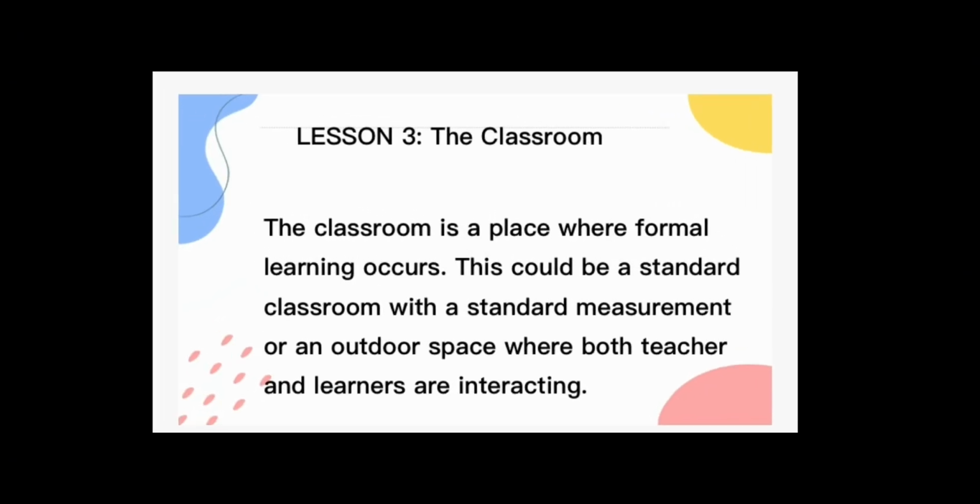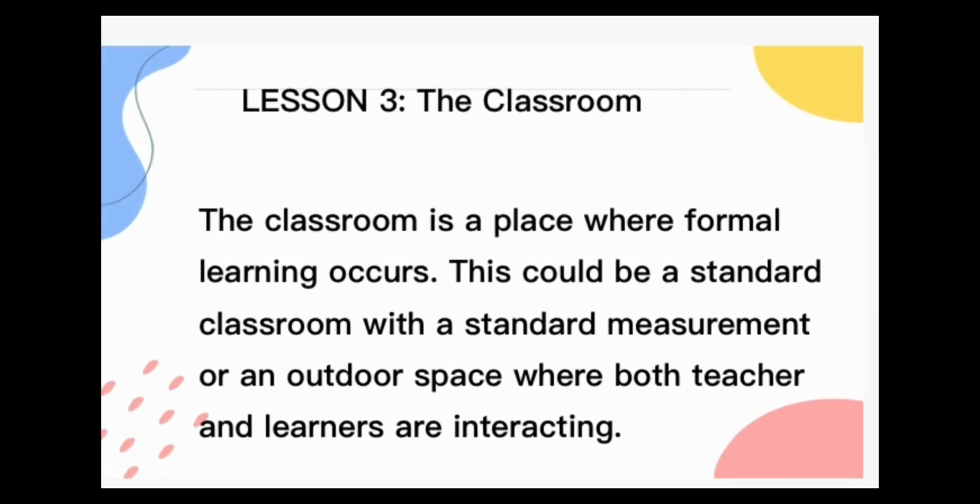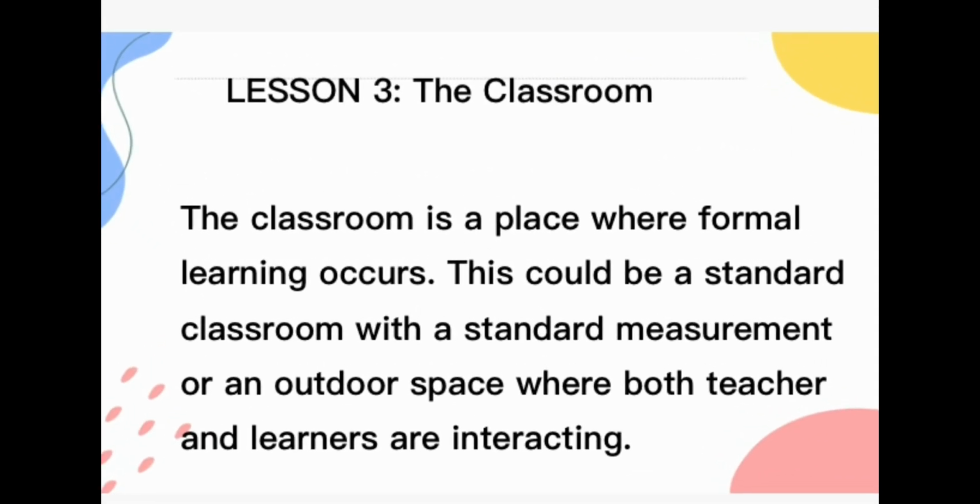Next is Lesson 3, the classroom. The classroom is a place where formal learning occurs. This could be a standard classroom with a standard measurement or an outdoor space where both teacher and learners are interacting. The classroom, whether traditional or non-traditional, is the physical or virtual place where this interaction takes place.